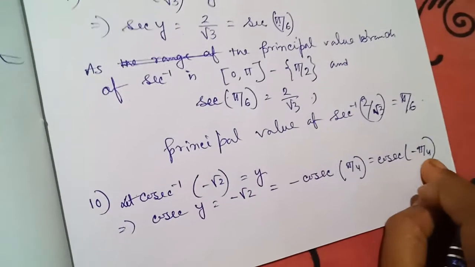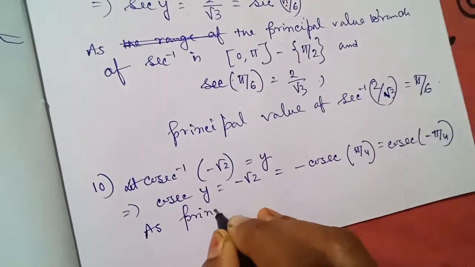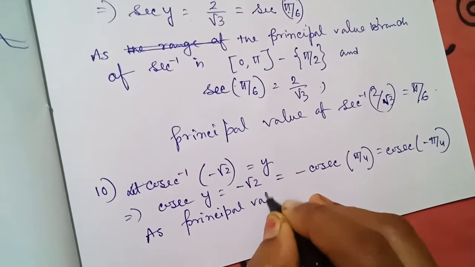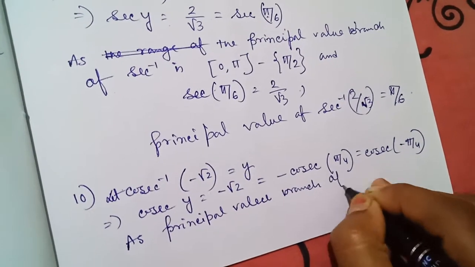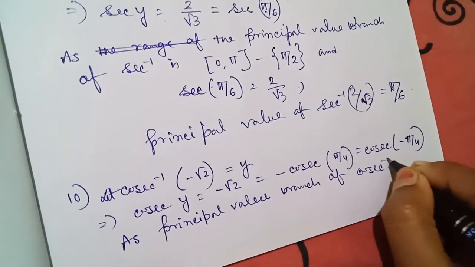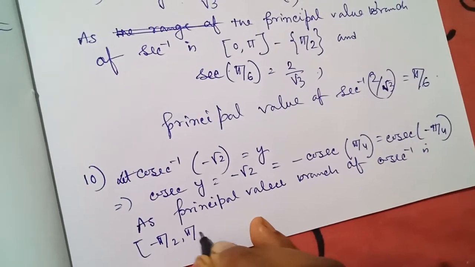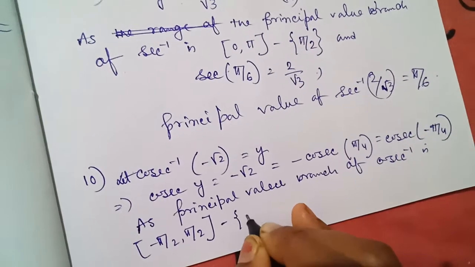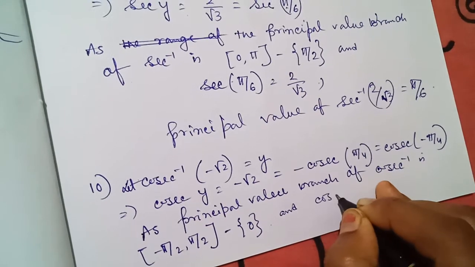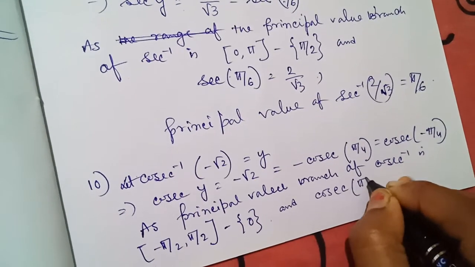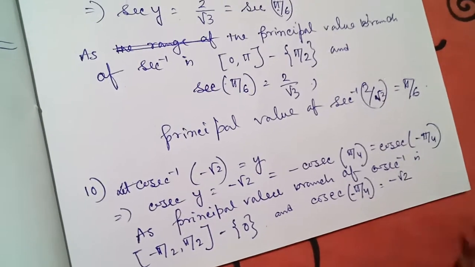Now look, why have I written it? Because the principal value branch of cosec inverse is minus pi by 2 comma pi by 2 minus the singleton set 0, and cosec of minus pi by 4 equals minus root 2.